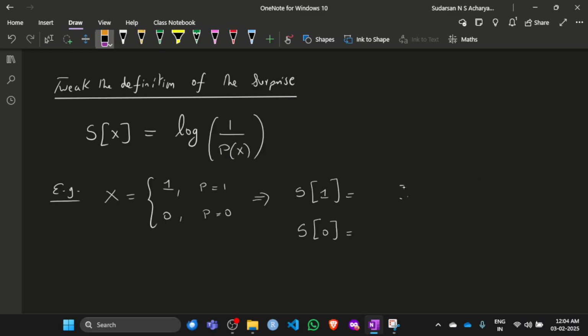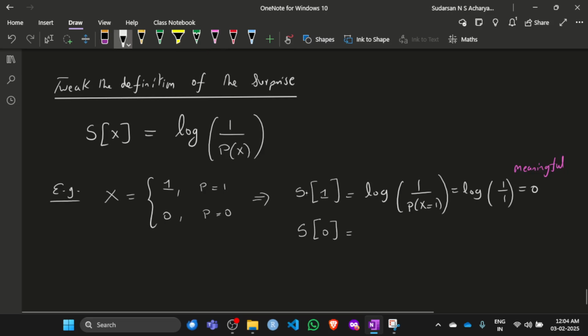So the log is outside. So it's log of 1 over the probability that the coin shows up heads. Which will be log of 1 over 1, because the coin is always showing up heads, right? So log of 1 is equal to 0. So this is meaningful, right? So the surprise is 0 if the coin shows up heads.